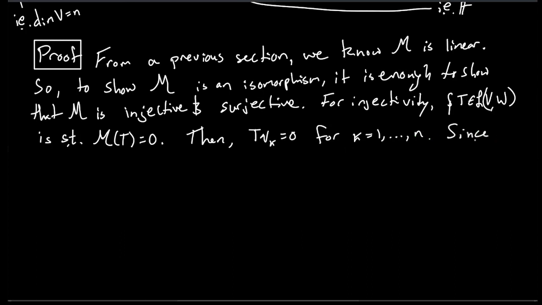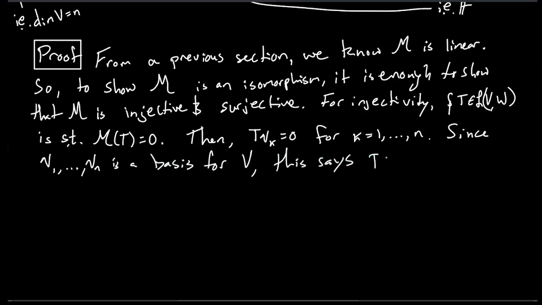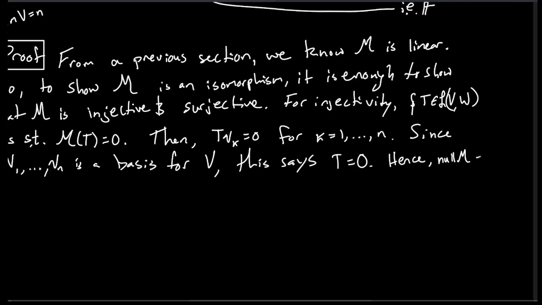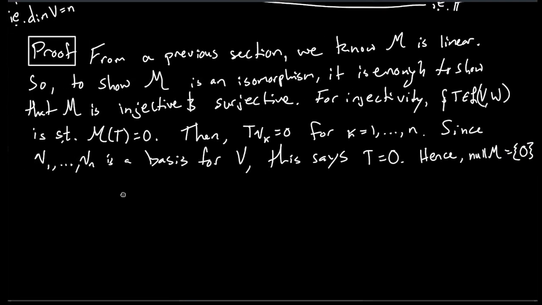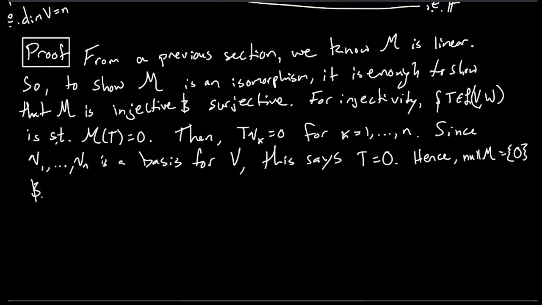So since v1 through vn is a basis for V, this says T is 0. Hence, the null space of M is just 0, and M is injective.